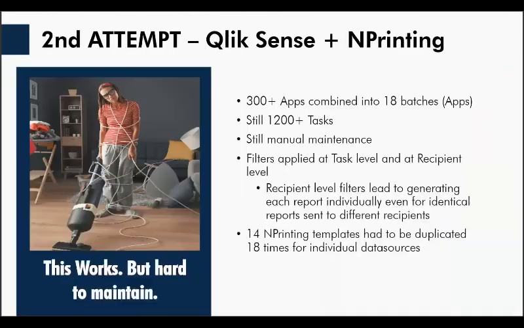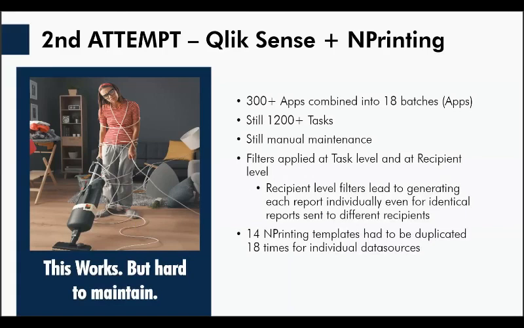And some time ago, we had to replace it with the second attempt, still with Qlik Sense and N-printing. We decided to combine these 300 clients into a smaller number of batches. So we grouped those clients manually based on the weekday of their report distribution and based on the country or region they're coming from and so forth.